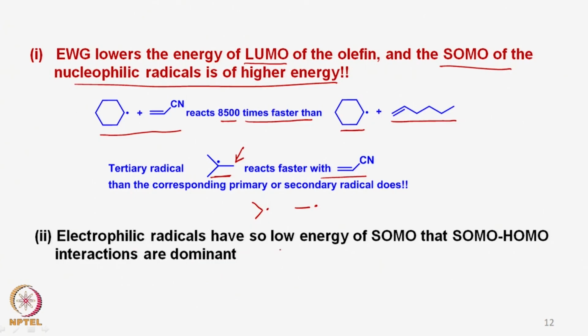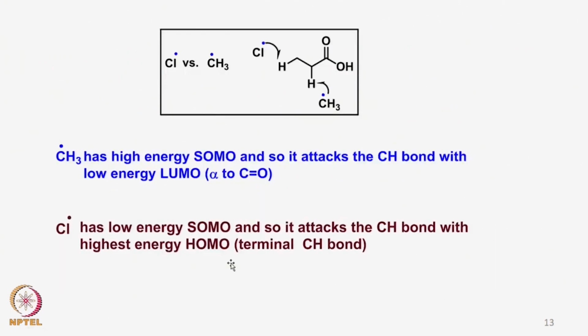Similarly, electrophilic radicals will have low energy of the singly occupied molecular orbital, and therefore SOMO-HOMO interactions are dominant. Finally, in this regard we have one example in which we take a molecule like this where there are two hydrogens which are likely to be abstracted by different radicals. If we compare methyl radical versus chlorine radical, the methyl radical has a high energy SOMO, and so it attacks the CH bond with low energy LUMO, which is alpha to the carbonyl group.